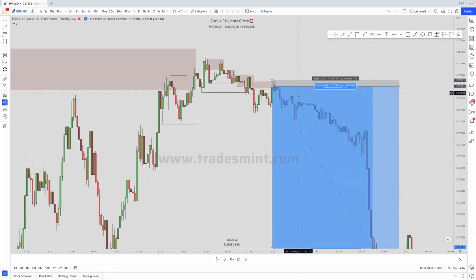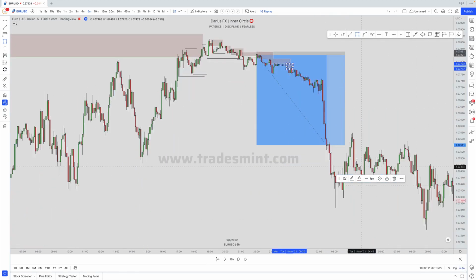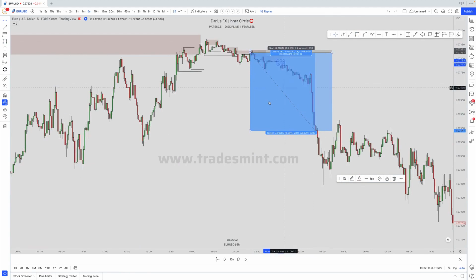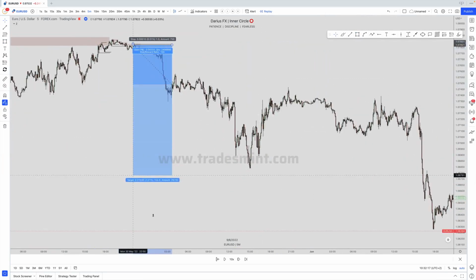And of course, with the order flow, you could take multiple entries. The more price is moving down, the harder it will be for you to really get that entry, because price would just get more manipulative the more it's moving. Yeah.